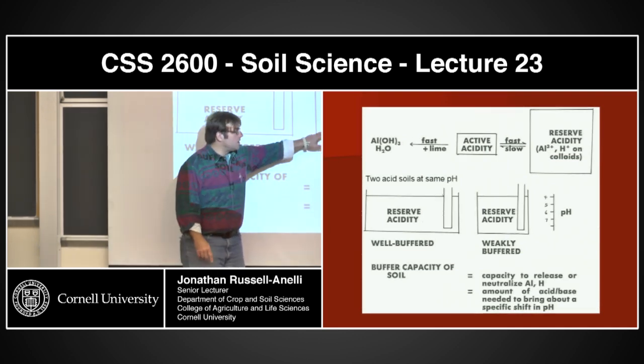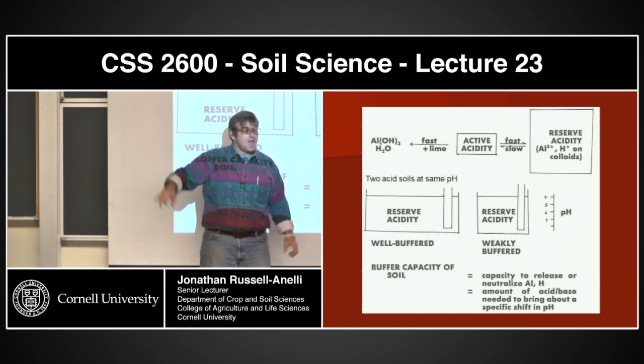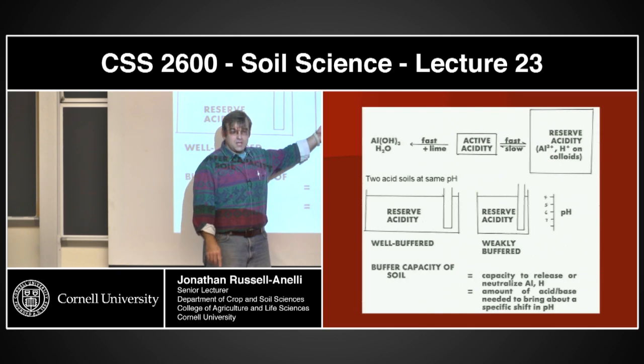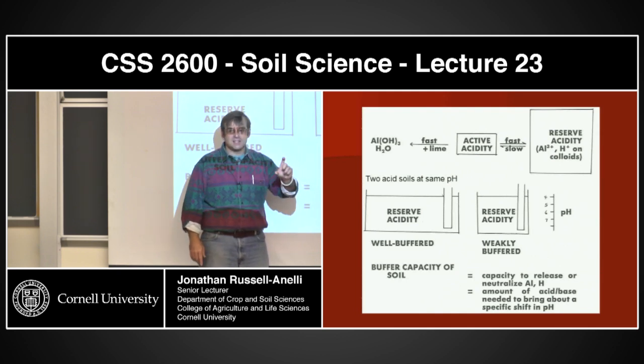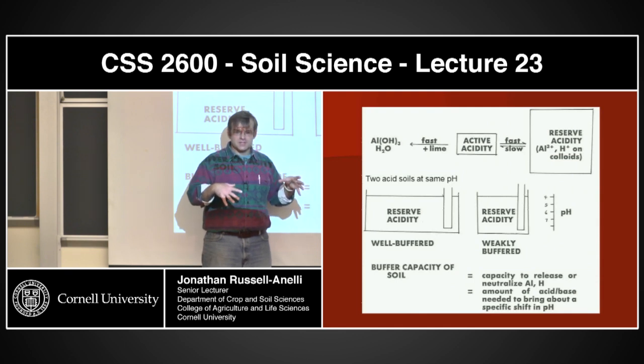Okay? In this scenario, I have a much smaller water cooler, which is the one on the right. And yes, it will resist pH change, but it has a limited capacity to resist those protons coming into the soil solution. Does that make sense? Yes?